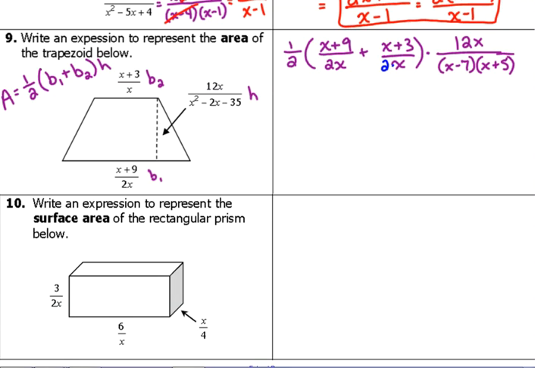The second expression needs the 2 times the x, so I have to multiply top and bottom by the 2. So now I have x plus 9 plus 2x plus 6, and that's all over 2x.